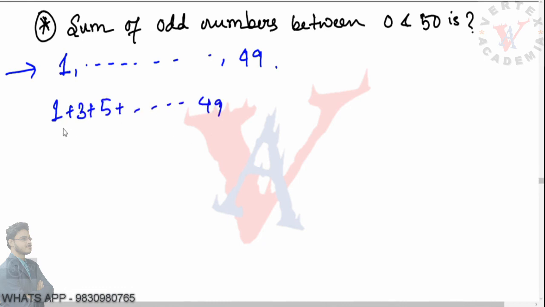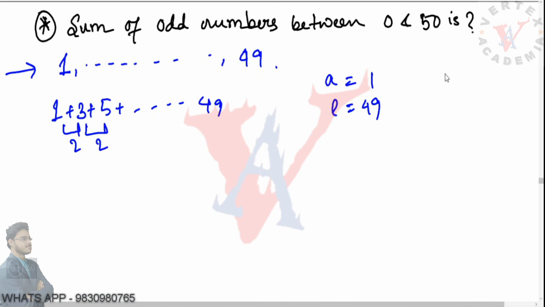Now if you look carefully, each term here differs by 2, right? So this is basically an AP, because the difference between two consecutive terms is the same, and here the first term is 1, last term is 49. And now to find the number of terms, right?